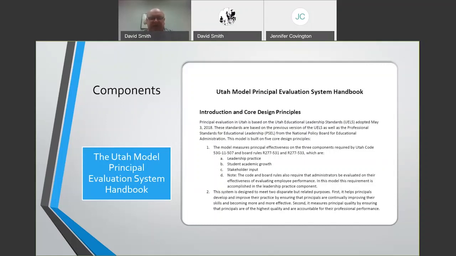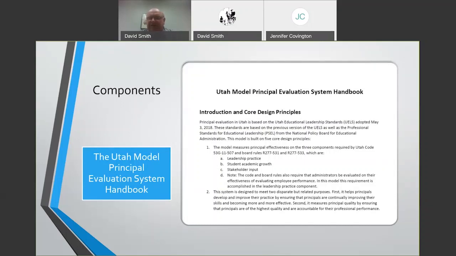Those 3 parts are leadership practice, which is the performance score required in state law and board rule; the second is student academic growth measures; and the third is stakeholder input. And we're going to get to all of those.